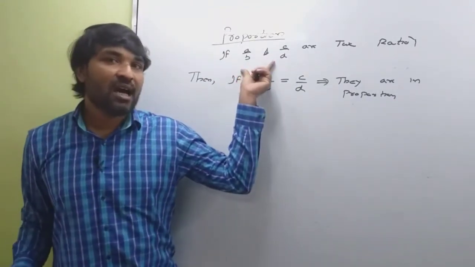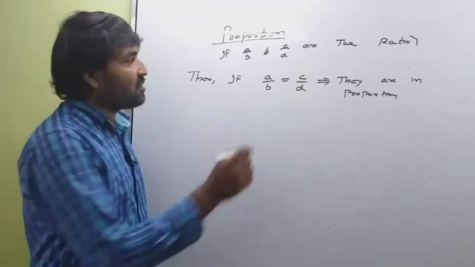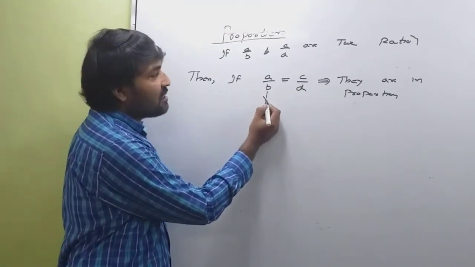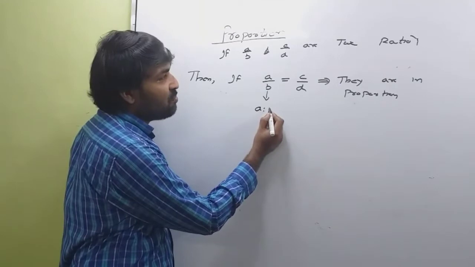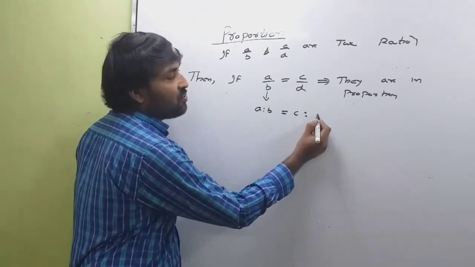We can denote this as A is to B equal to C is to D.